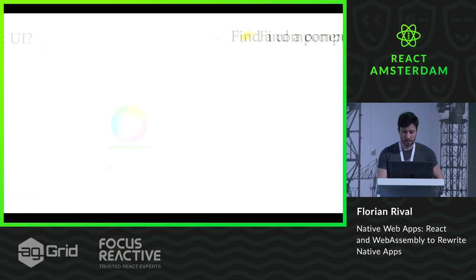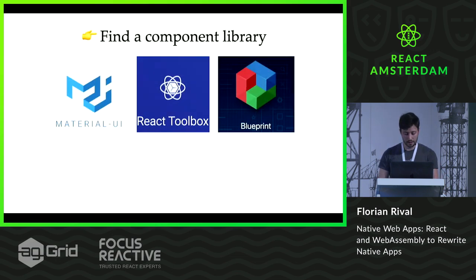So to do this, the first advice that I would have would be to find a good component library. So for example, Material UI, React Toolbox, Blueprint, or for React Native, Paper, React Native Elements. I forgot two of them, but the idea is that I don't want to start from scratch because I have enough to rebuild the whole interface. I might as well start with ready-made components.